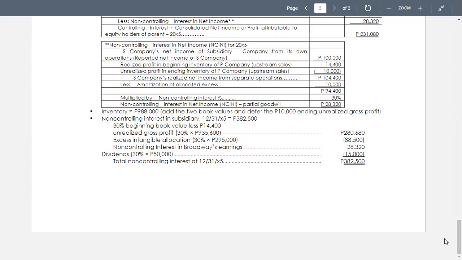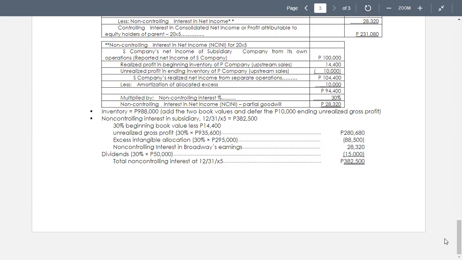Okay? So the non-controlling interest in net income, still using the full goodwill approach, is 8,700, 30%. Okay, so we have now the additional notes here.